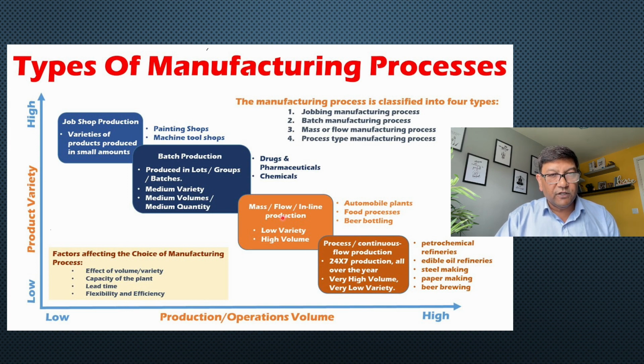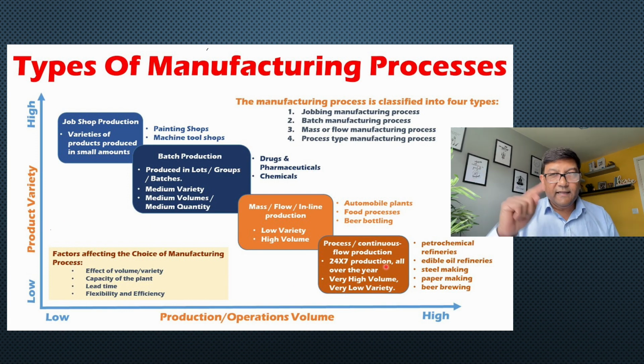In mass production, we have low variety and high volume, not very high, not very low. If we look at this graph and look towards the y-axis where we have variety, in continuous flow production the variety is very low. Over here the variety is low, but there is still some variety.